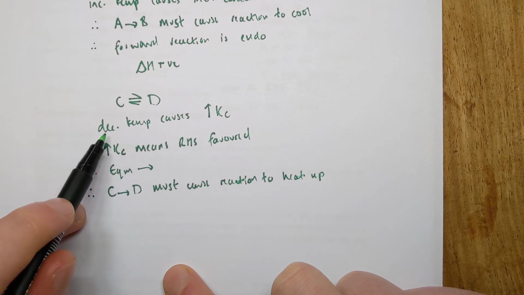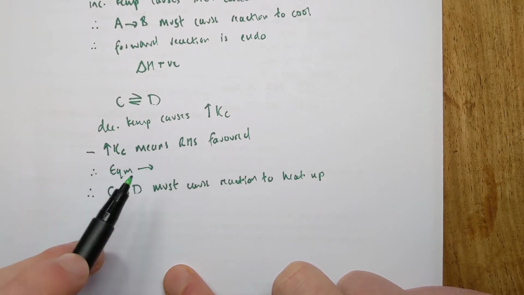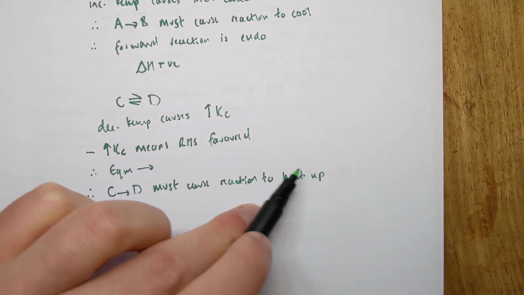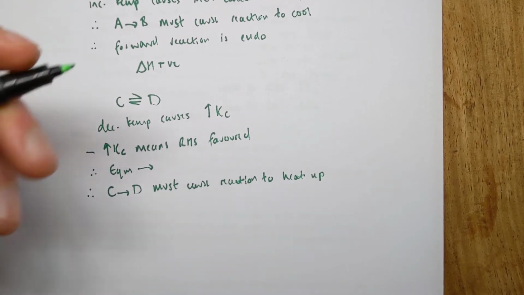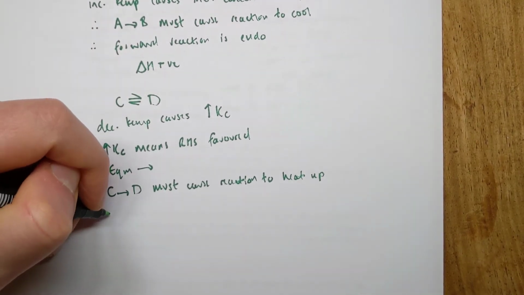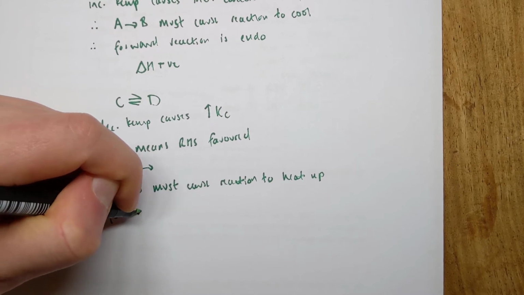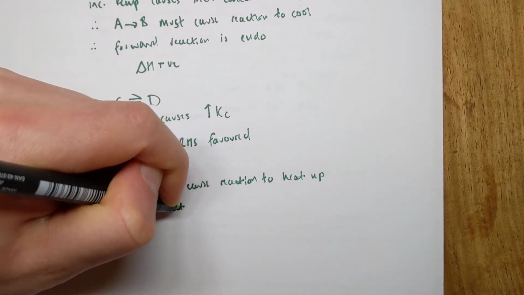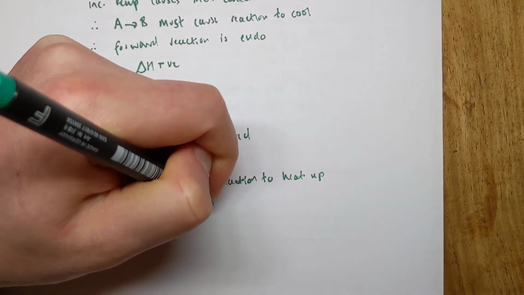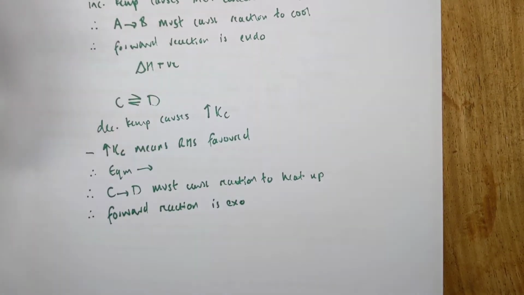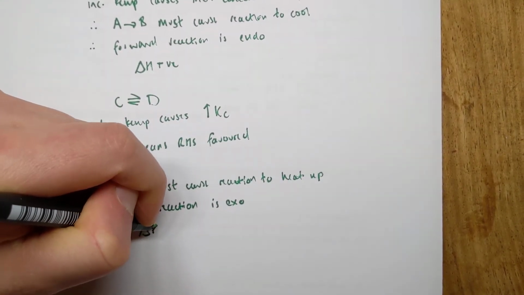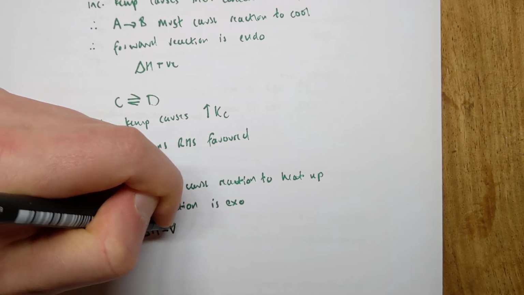If I've decreased the temperature, the system wants to increase it in return. So this must be that heating up to cause it to oppose that cooling down. Therefore, the forward reaction is exo because it's heating the reaction up, and therefore the delta H of that forward reaction is a negative value.